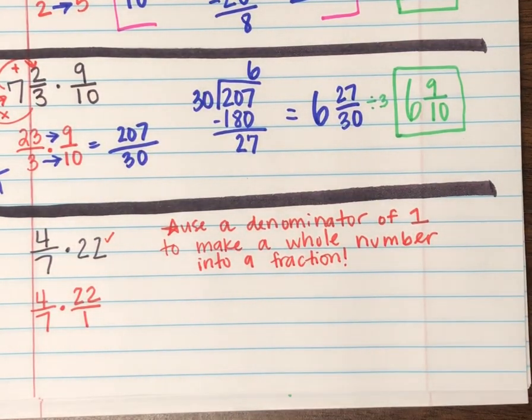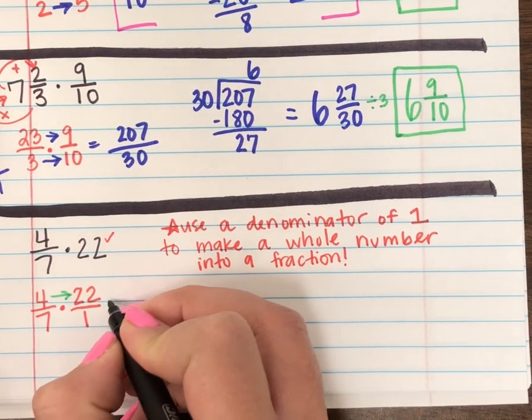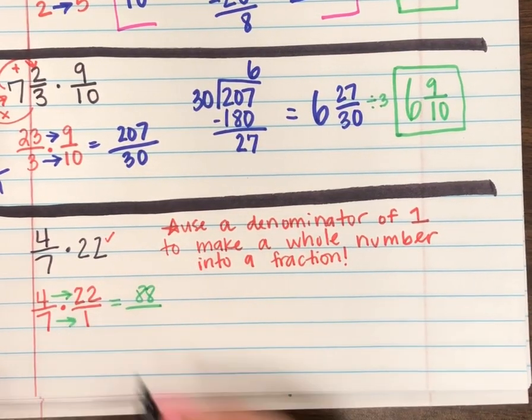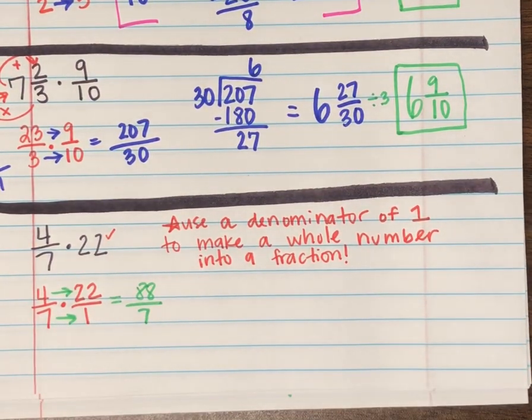So now we're going to do top times top and bottom times bottom. So to multiply fractions, you know you've got them. It's top times top. 4 times 22 is 88. And bottom times bottom. 7 times 1 is 7. Again, not quite done. We've got to change our improper fraction to a mixed number.